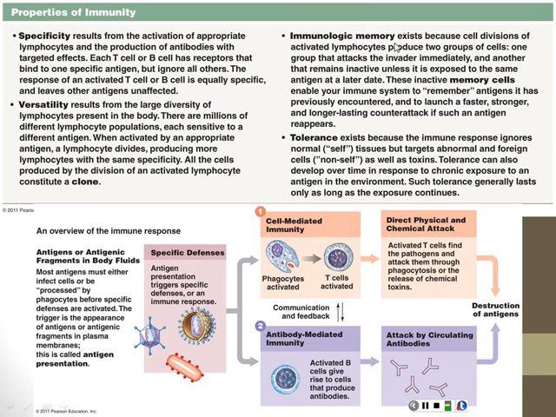Memory. Ideally, we would like the immune system to remember its past events so that if a pathogen is encountered for the second time in a lifetime, the immune system will already know how to attack it. And we call that immunologic memory.